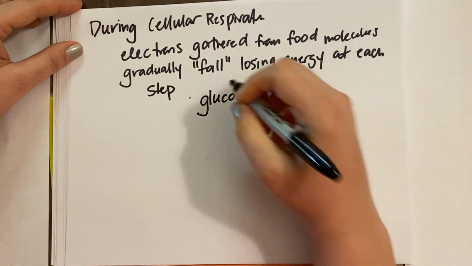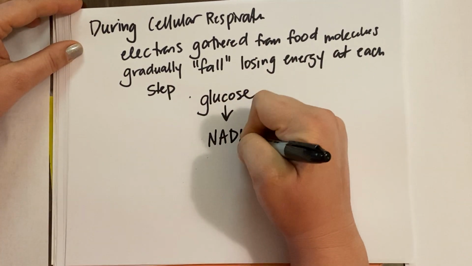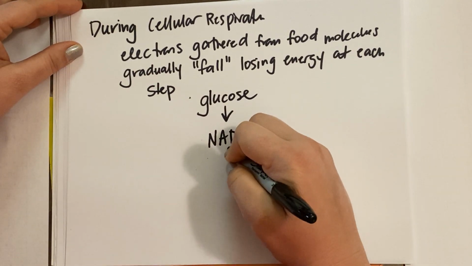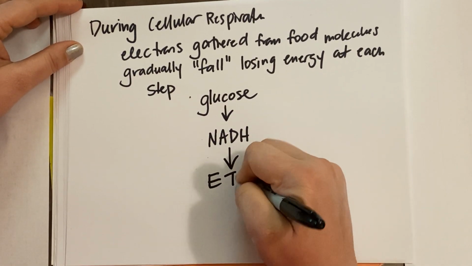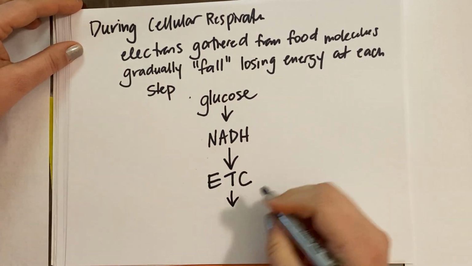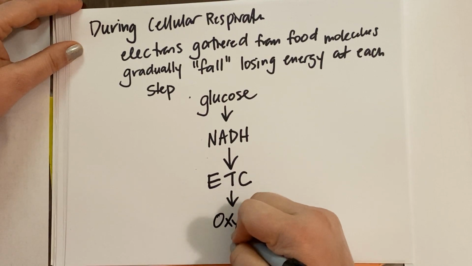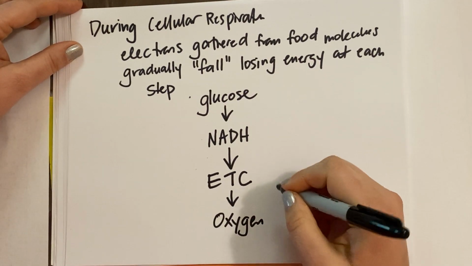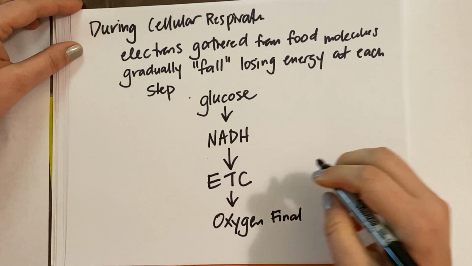What happens is we start with these electrons that are attached to glucose. They then move to NADH. These are now going to go to our next step, which is the electron transport chain. Then finally, the electrons fall all the way to oxygen. If you remember, I said oxygen is called the final electron acceptor.